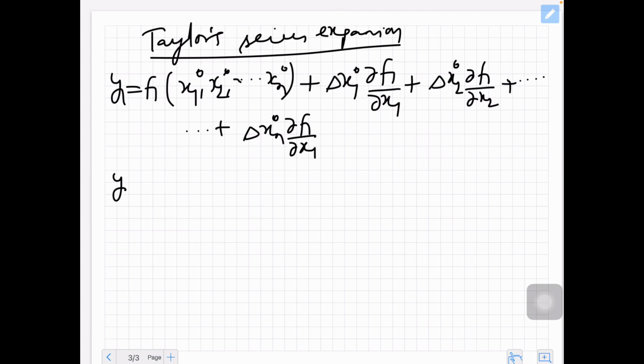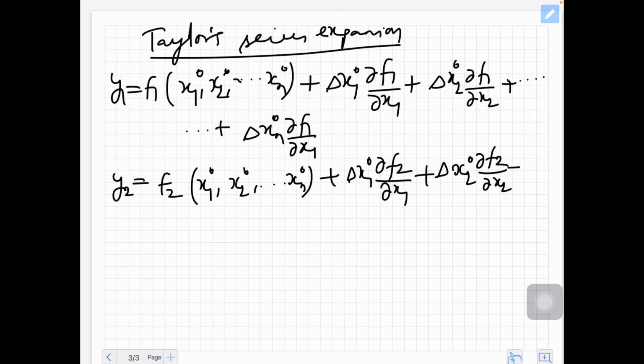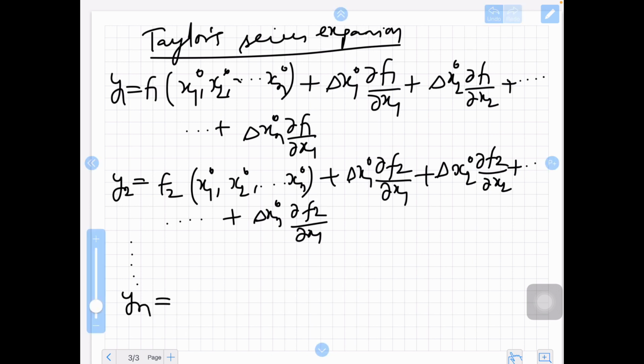The y2 equation also you can write along the same lines. So f2 of x1 naught, x2 naught, etc., up to xn naught, plus delta x1 naught dou f2 by dou x1, plus delta x2 naught dou f2 by dou x2. Instead of f1 you write f2, plus remaining terms almost in the same lines. So this will be written up to the specified variable y1, y2, etc., up to yn.